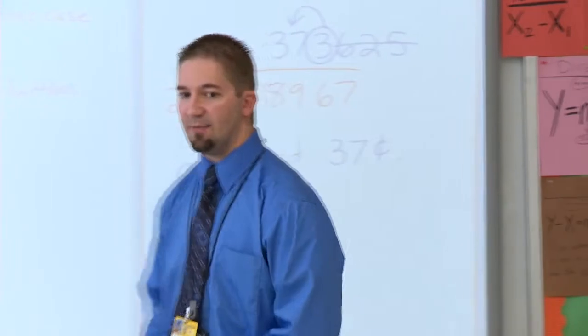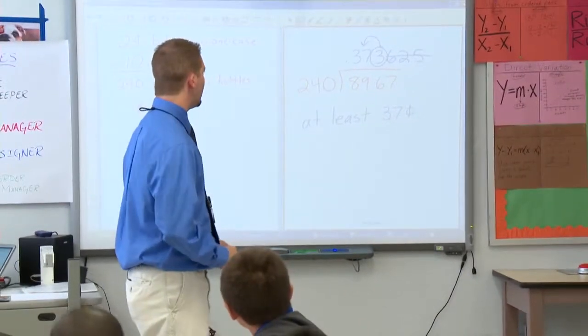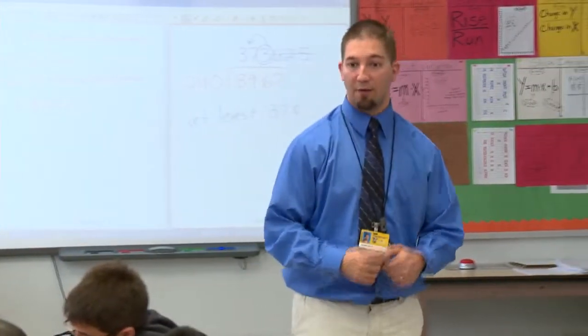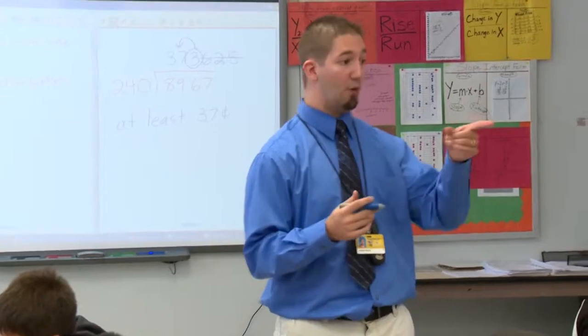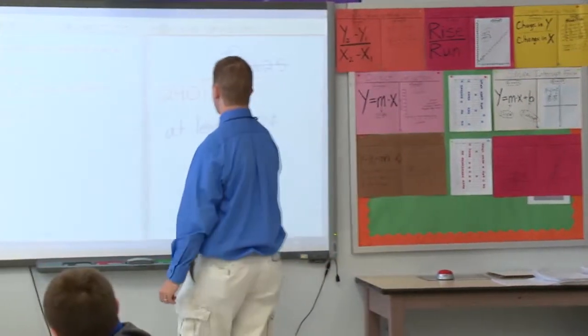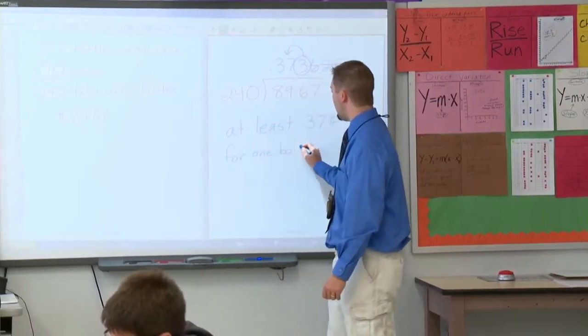Destiny, he said that it's going to be at least 37 cents. Do you agree with that answer? For what? For 1 bottle of water. It's going to be at least 37 cents for 1 bottle of water.